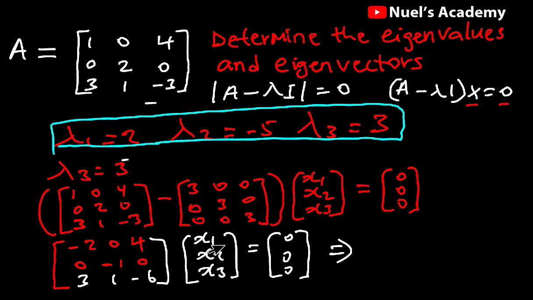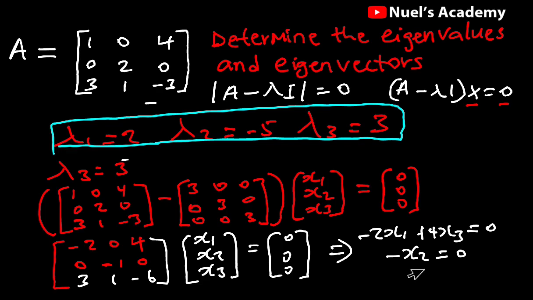So let's form the equations. We have minus 2 times x1. This is minus 2x1. Then 0 times x2 is 0. We have 4 times x3, plus 4x3. Now this is equals to 0. Then from the second row we have minus 1 times x2 is equals to 0. That is minus x2 is equals to 0. Alright, so we don't need any other equation.